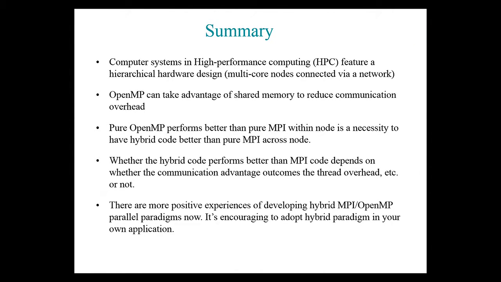Whether it makes sense to you finally depends on the speed. When a hybrid code performs better than the MPI code, then you certainly would like to try the hybrid code. If not, you don't go for it. And nowadays there is more positive experience, and many applications actually take this type of approach, and it makes sense. If it makes sense, well, you would like to try.